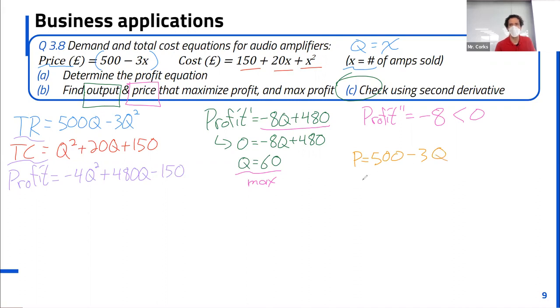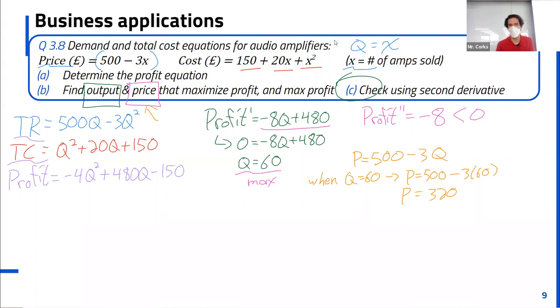And we have Q, so right, when Q equals 60, P equals 500 minus 3 times 60, which is? Okay, so 320. There's the price that will maximize our profits.